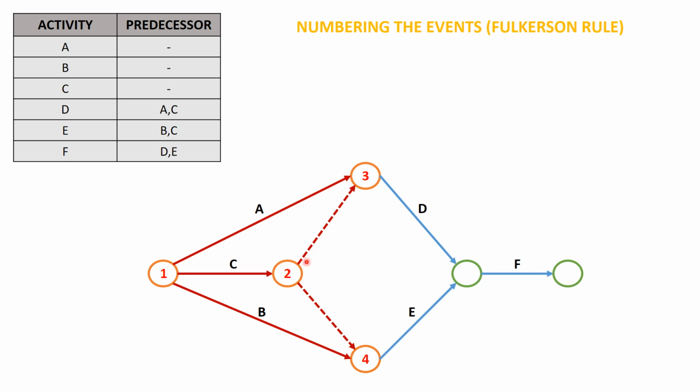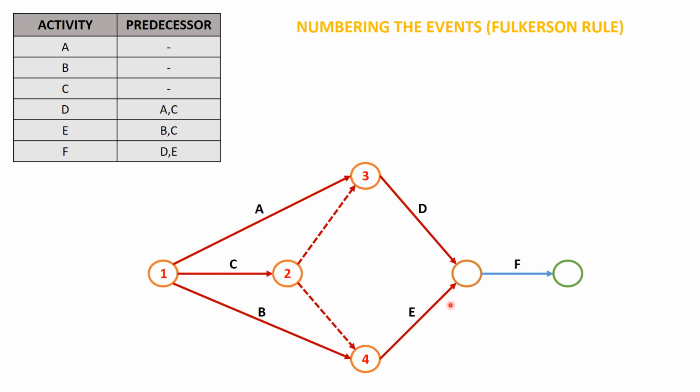So now once tracing of event 2 is done, we'll go on to event number 3 and we'll trace the activity which is emerging out. Now if you look at this event, there is one more activity which is yet to be traced. So what we'll be doing is we'll move on to event number 4. Through event number 4 I'll be tracing this activity. Now if you look at this event, both the activities have been traced.